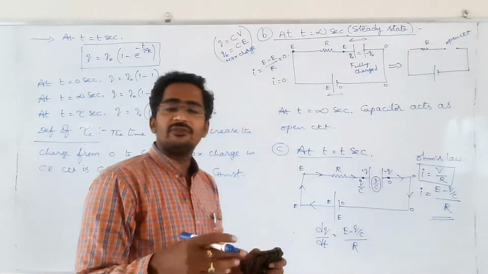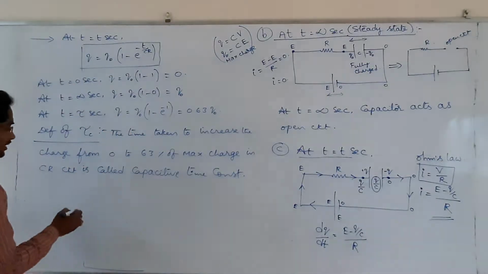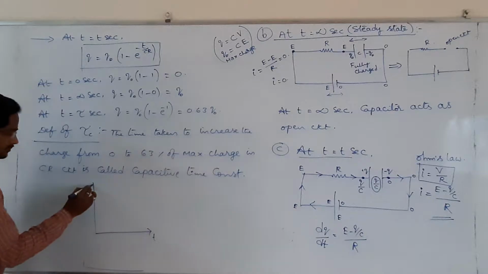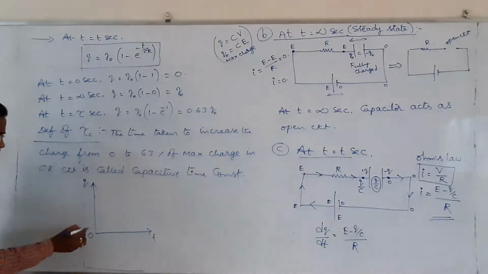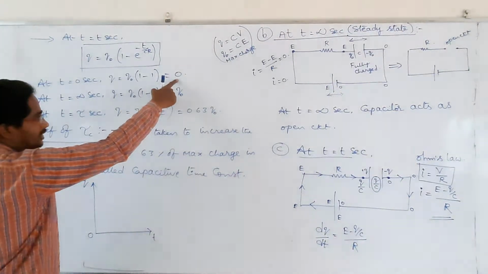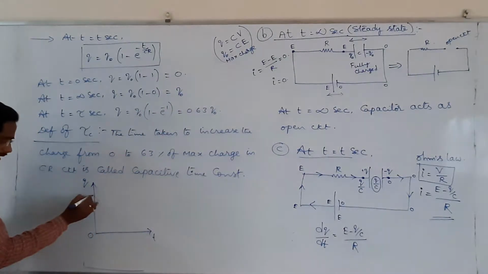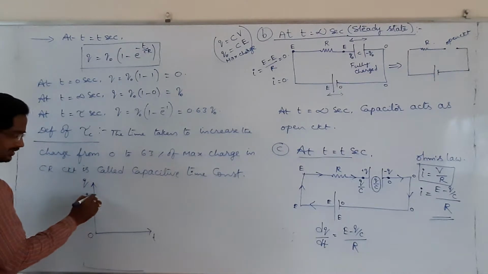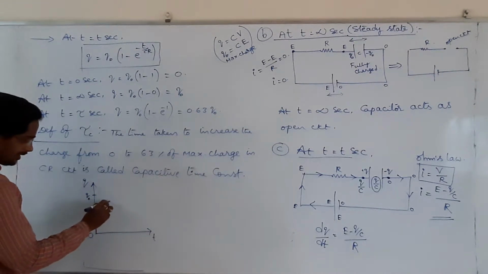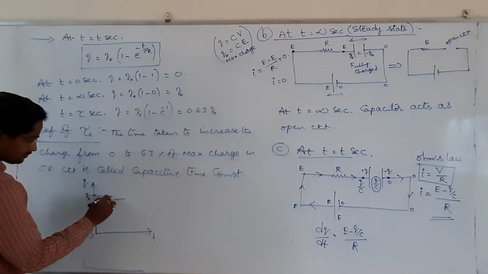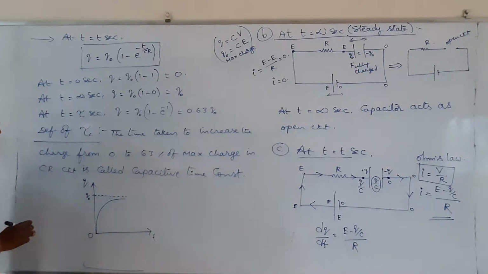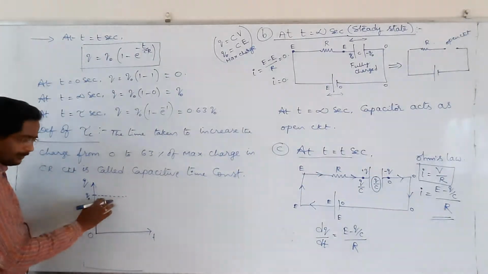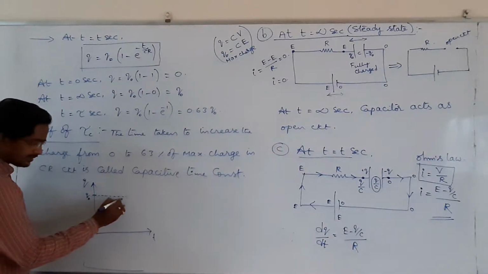And what is the graph shape? See here, initially the charge is 0, finally Q naught. So at the time of 0 seconds the charge is 0. At infinity seconds the charge is maximum. So you get a curve like this. That is the maximum charge to be stored in the capacitor after infinity seconds.